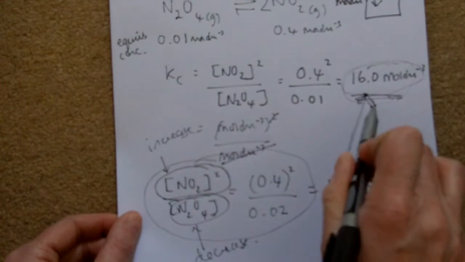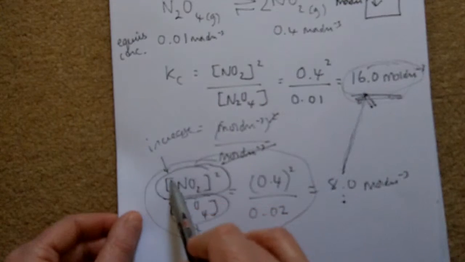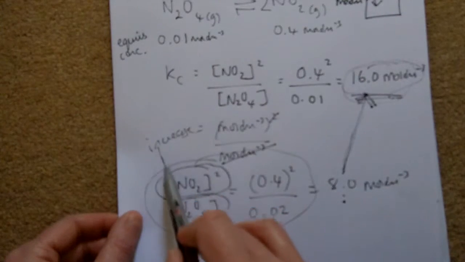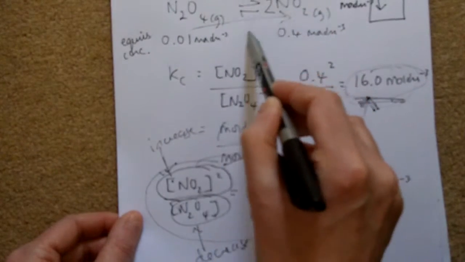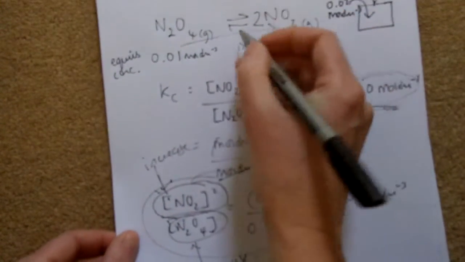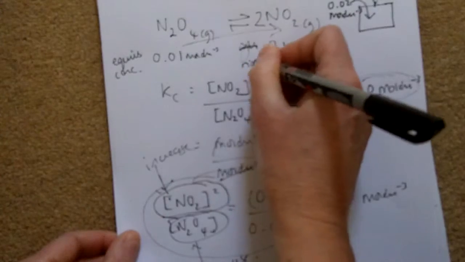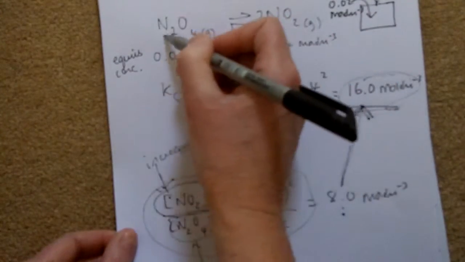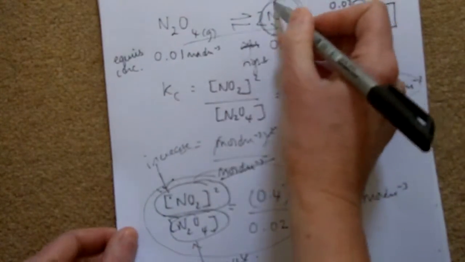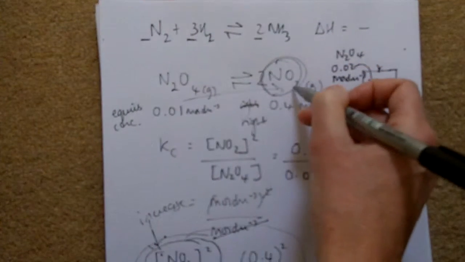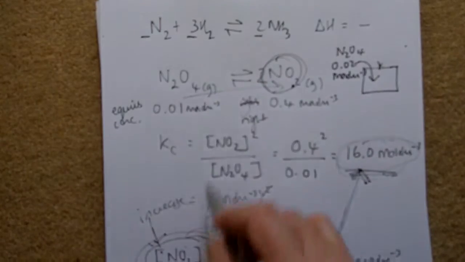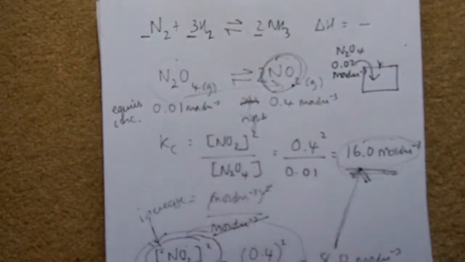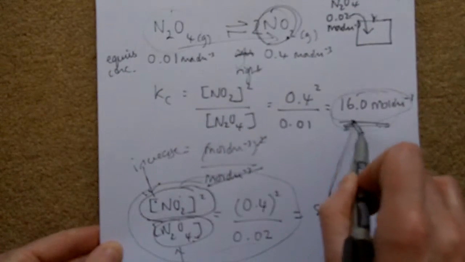If we increase the amount on the top, it means that we are moving the equilibrium to the right. Sorry, my writing's gone terrible now. So we need more of this, and we need to push the equilibrium to the right. And then we need to lower this, and that will make the value become 16.